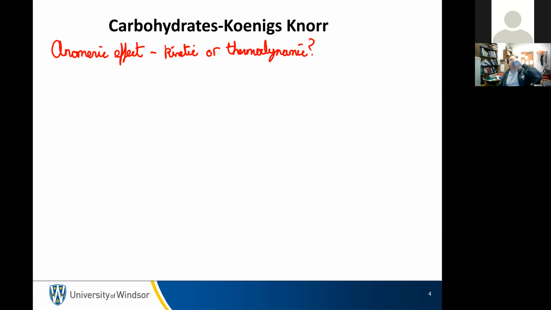Kinetic means faster, thermodynamic means more stable. Yes, that is literally what it means. Okay. Faster, more stable. That's absolutely correct. Okay.